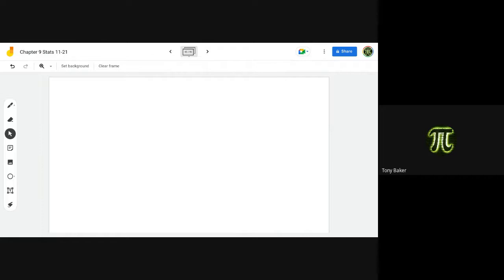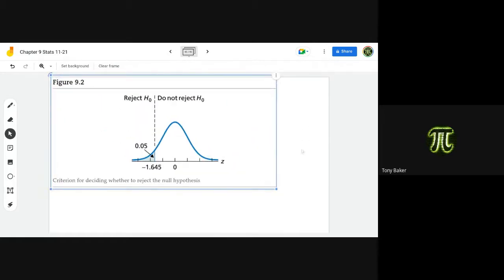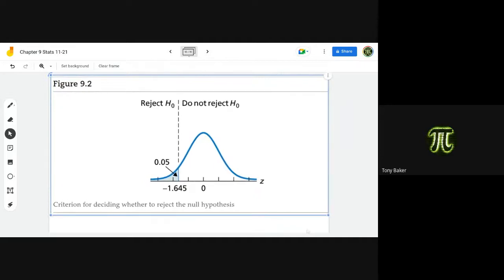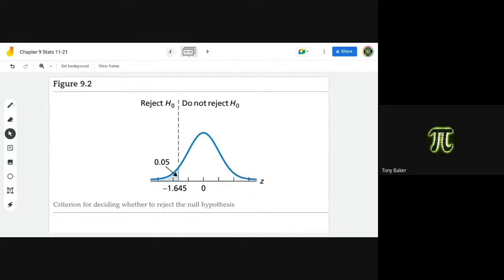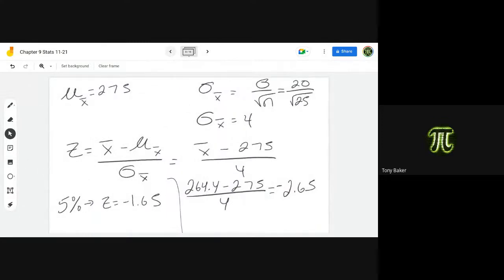When you're trying to decide, think about what we did last week. 5% would be not quite 2 standard deviations below, right? If I take the 275 and subtract 2 standard deviations from it, we'll just round it off to 2. That's taking away 8, and I'm now at 267.